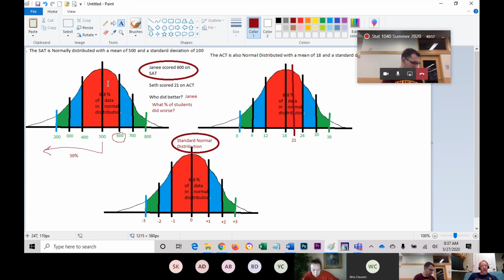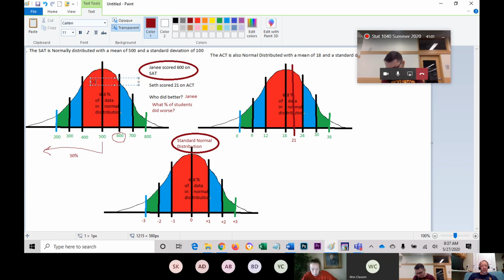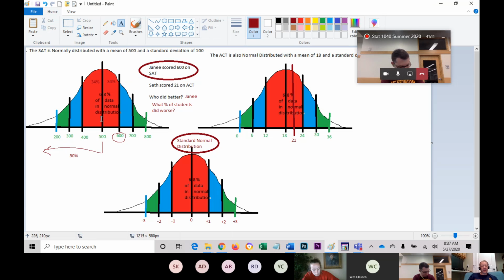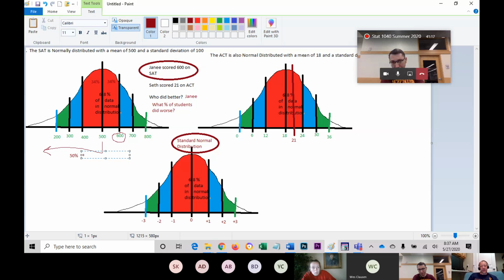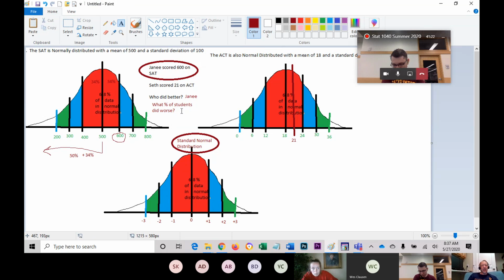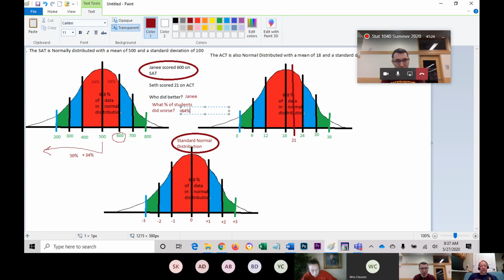And because it's symmetric, I know that I've got 34% here, and I've got 34% here. So in this case, 50 plus 34% means that Janie did better than 84% of students. Okay?